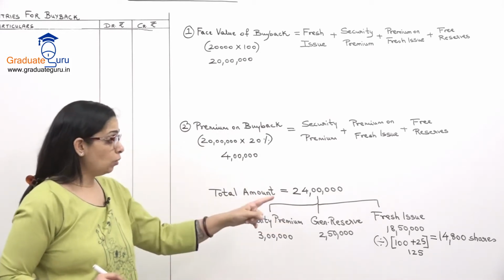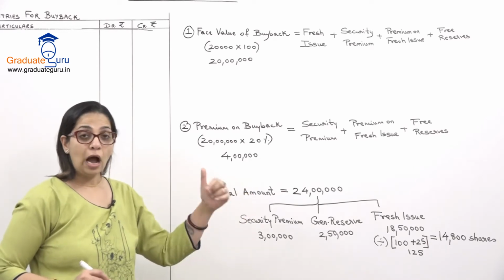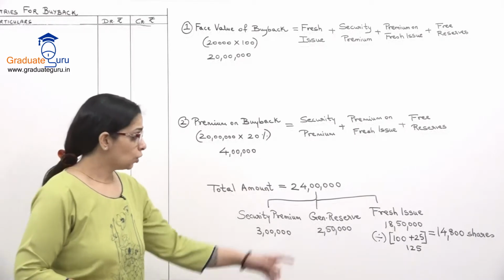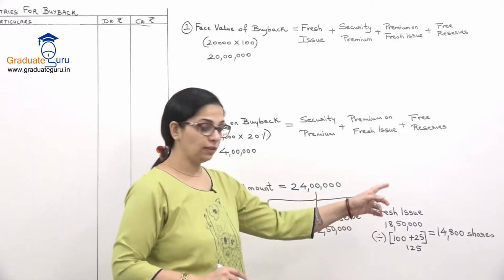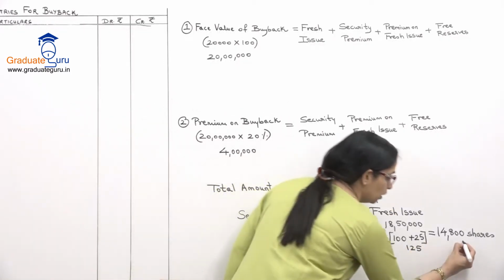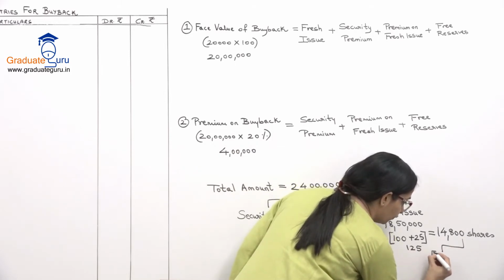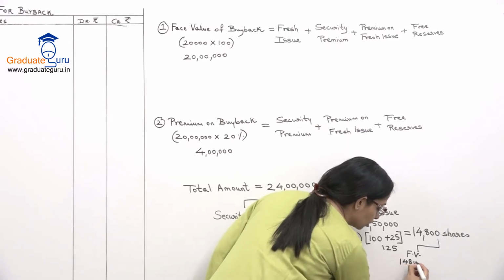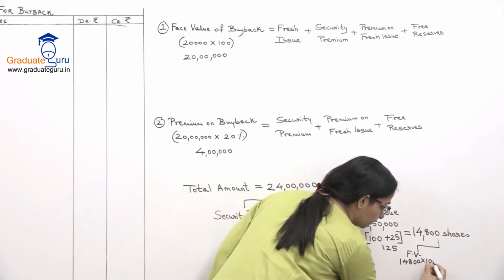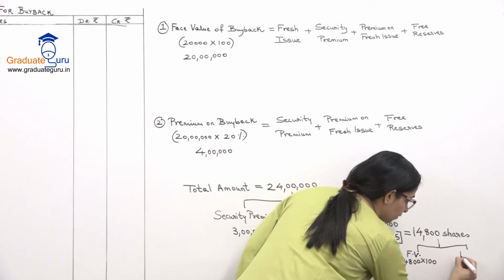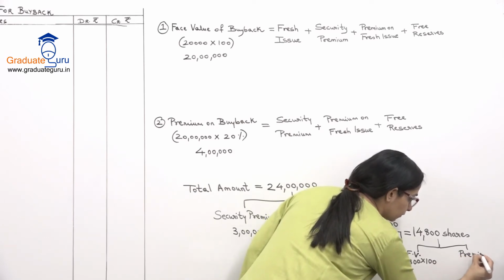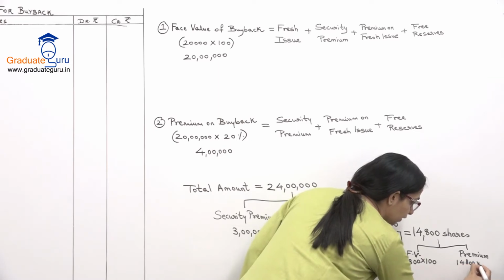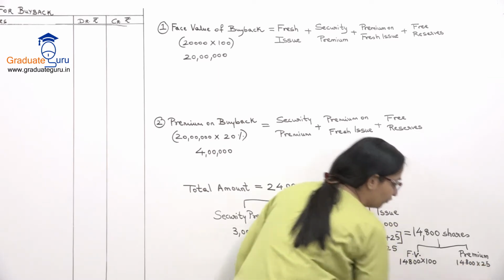Now, what I have to calculate is how much is the face value and how much is the premium. So my fresh issue is of 14,800 shares. The face value for that will be 14,800 into 100, and premium will be 14,800 into 25.